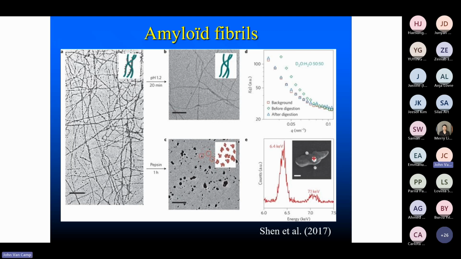This is the way by which it passes through the system, and in the end it is brought to the small intestine where it can be absorbed. The fibers are mainly stable at acid pH because you see they are still physically there. When adding pepsin, of course, these are proteins, so to some extent they will be broken down. Not all the fiber structures will be maintained, and you get smaller fractions to which the iron is bound, and then it goes to the small intestine for further absorption.